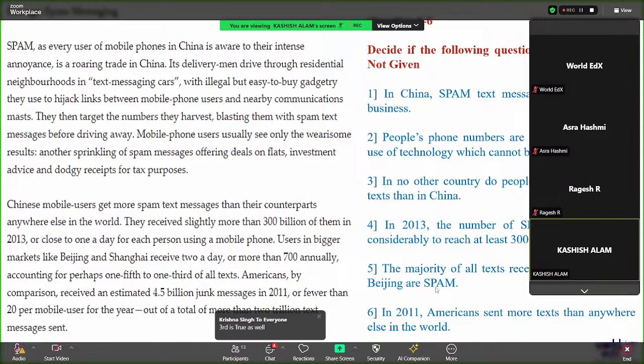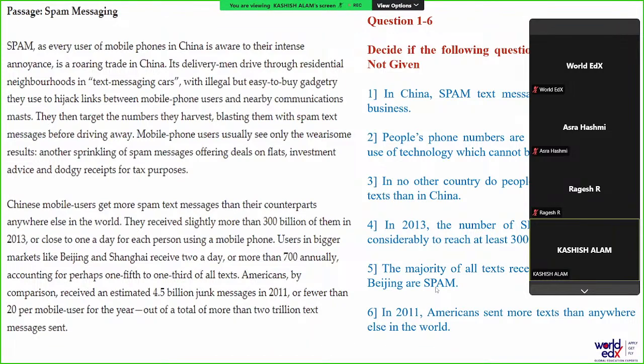So is it a true statement? Third is true as well. Yes. Okay. It says, in no other country do people receive more spam texts than in China. Now, from which line can we confirm this? It's in the first line of the second paragraph where we can easily see the answer has been clearly stated.